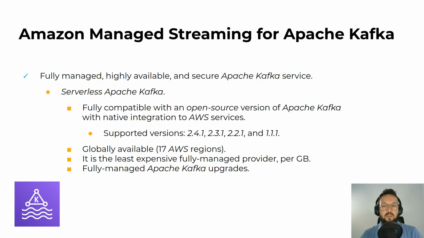AWS claims that it is the least expensive fully managed Apache Kafka if you count this per gigabyte. That's pretty interesting because they are actually competing with Confluent and other Kafka providers, and it is actually the cheapest version.